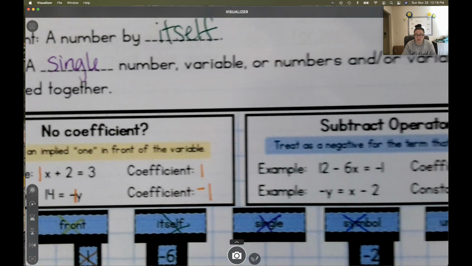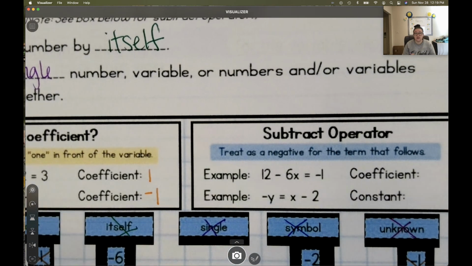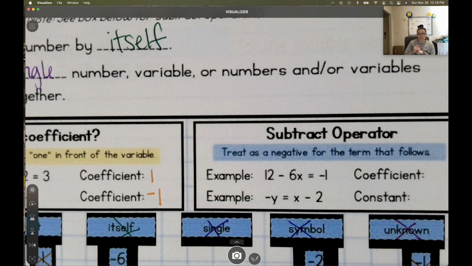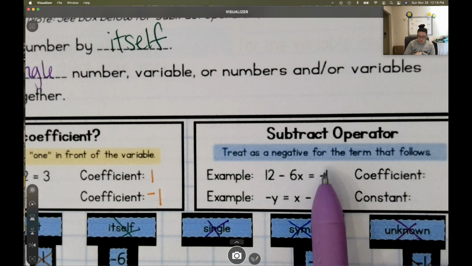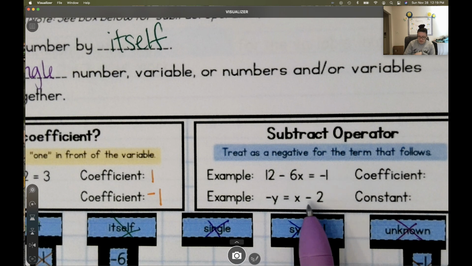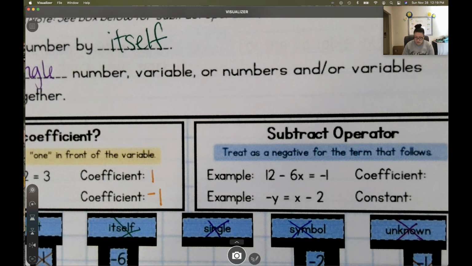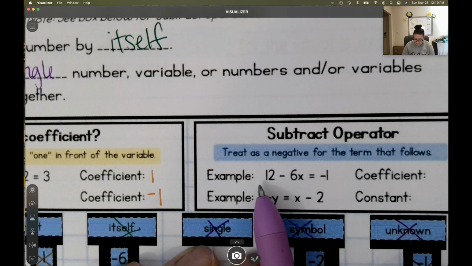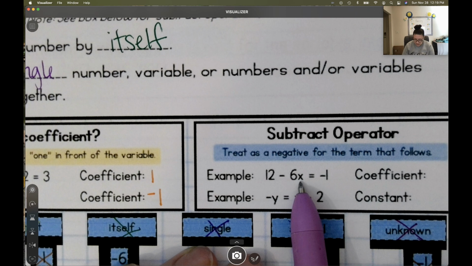The second thing that we're going to try to get tricked up by is if there's a subtract operator. If you see the operation of subtraction in your problem, that's going to change things a little bit for your coefficient and for your constants. So, for example, up here, we see 12 minus 6x is equal to negative 1.